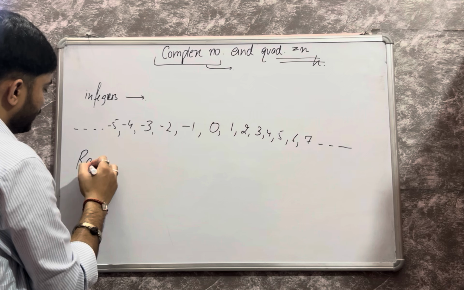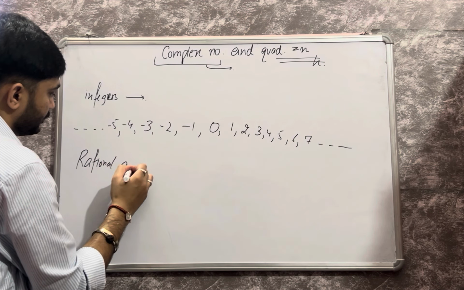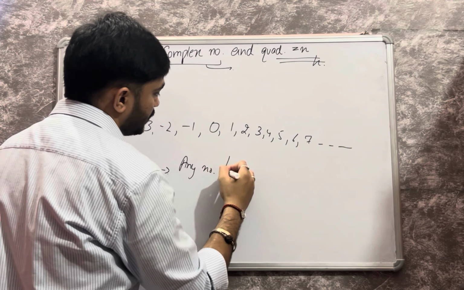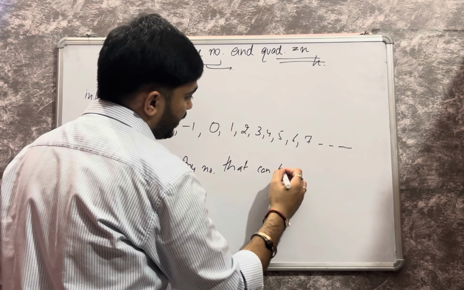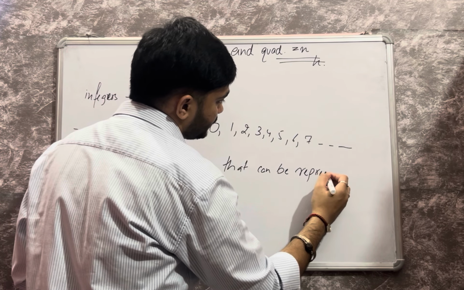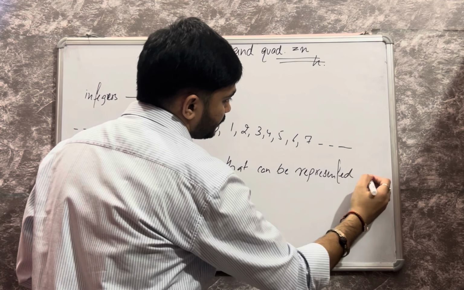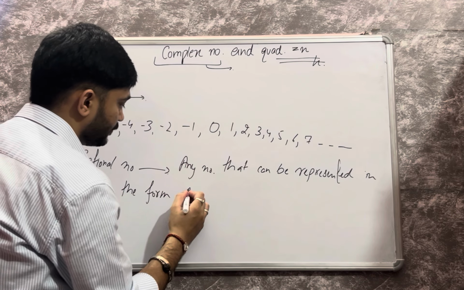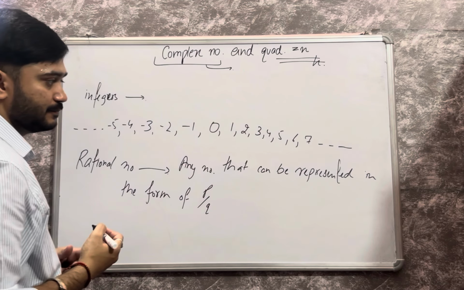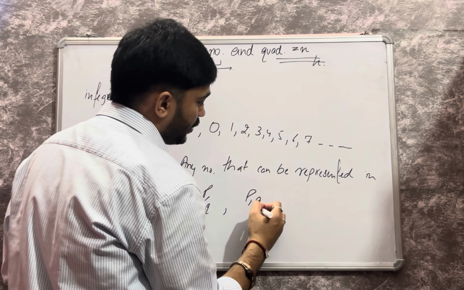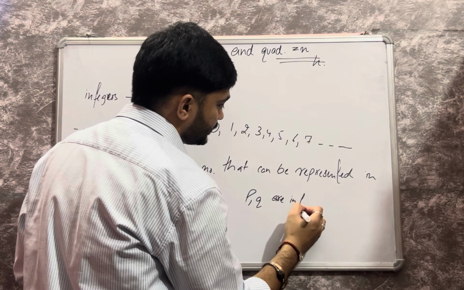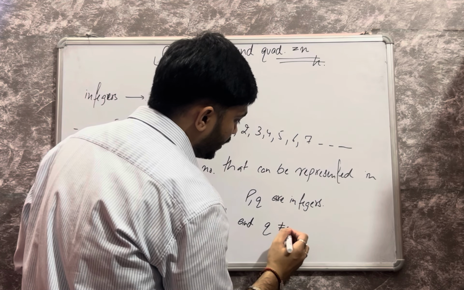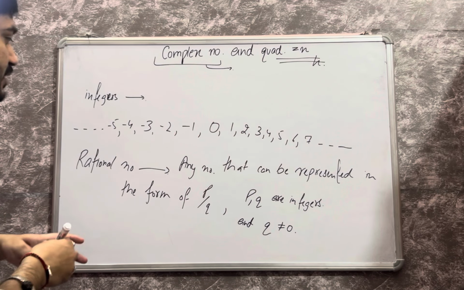Moving forward, we have rational number. What are rational number? Any number that can be represented in the form of P upon Q, where P and Q are integers and the value of Q cannot be equal to 0, are known as rational number.